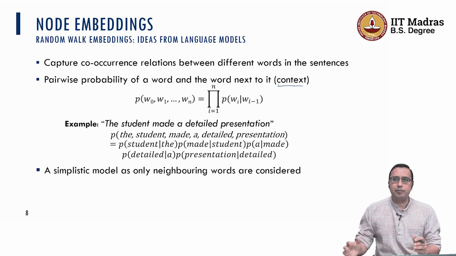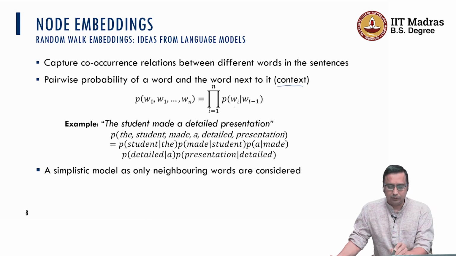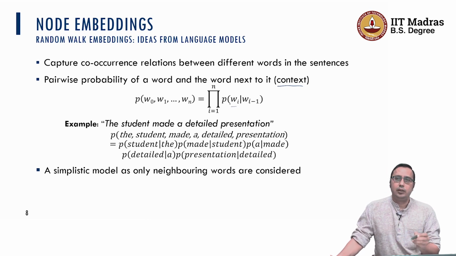So I have a word and its context, and what I am looking at is: given the current word, what is the probability of having another next word among all the other words I have?